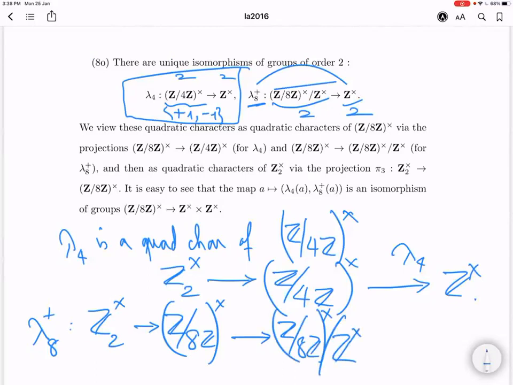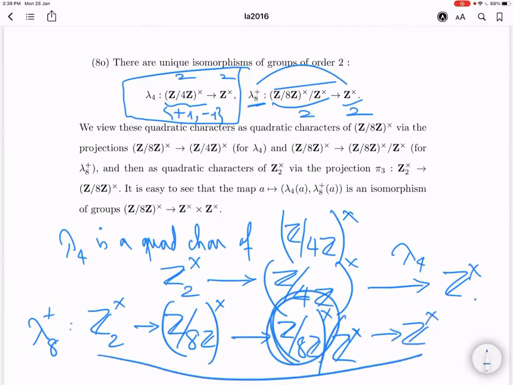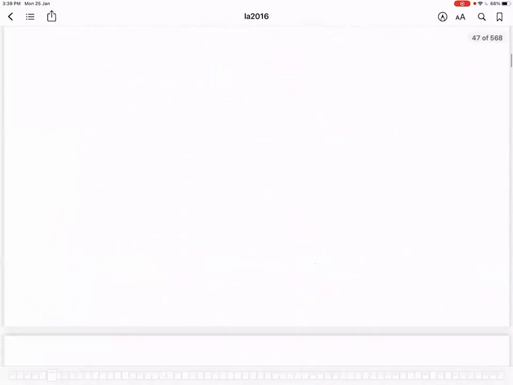You know, Z star is also a subgroup of this. Z star is just +-1, so I can think of +-1 as a subgroup here. And this goes to Z star, and this whole thing is lambda 8 plus. Okay, so these notations will be used constantly.